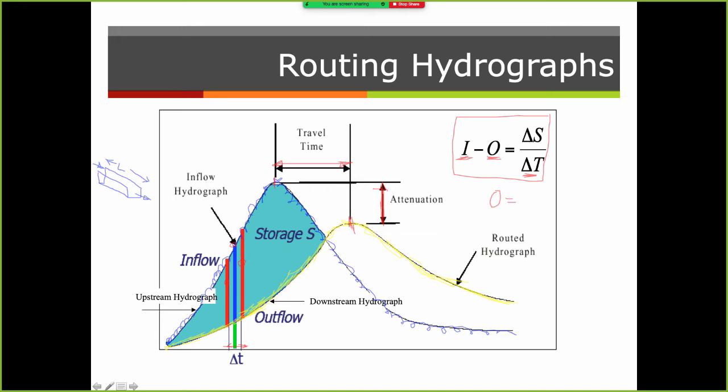So the outflow is equal to inflow minus delta S over delta T. So usually we're going to know our inflow, and because we'll have geometric properties of the reach element, we can approximate delta S over delta T and use this to predict outflow. And in this context, this would be a hydrologic routing example because we're not considering momentum terms.